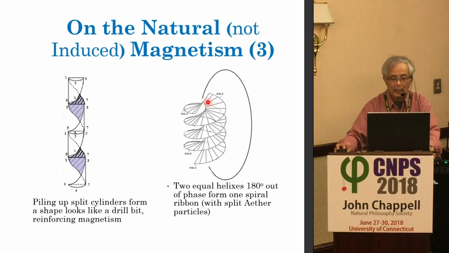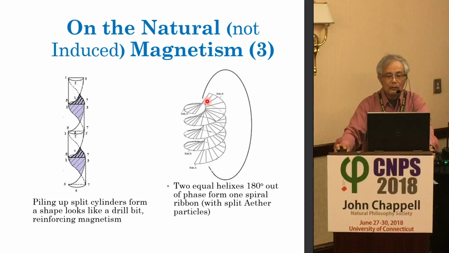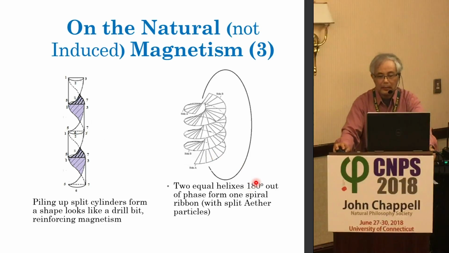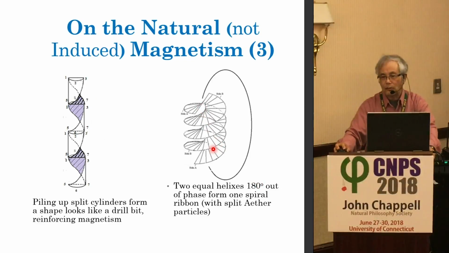And this, I showed how a pair of helices can form a helical ribbon if they are 180 degrees out of phase. And this should be the base for how DNA develops its spiral structures.